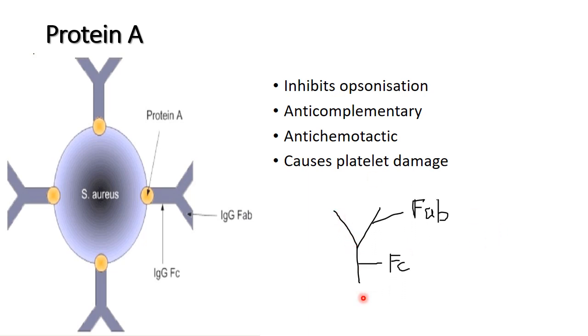To talk about that, allow me to brief you through the structure of an antibody. We have this Y-shaped IgG antibody, which has the Fab region on these arms. This Fab region is also known as the antigen binding region, where an antigen of a microorganism will bind, and then they will form an antigen-antibody complex. That complex is able to activate the complement system, and in terms of opsonization, when it binds there, that will be opsonization taking place.